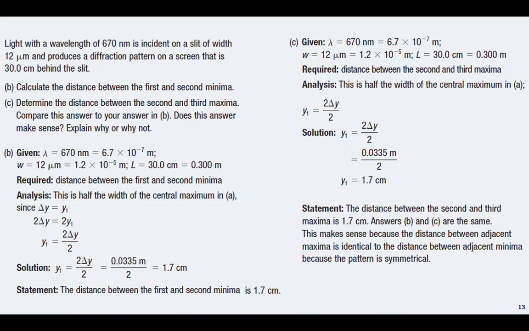So this is still half of the width of the central maximum in A. Therefore, this value equals y1, which is again 1.7 centimeters. The distance between the second and third maximum is 1.7 centimeters.